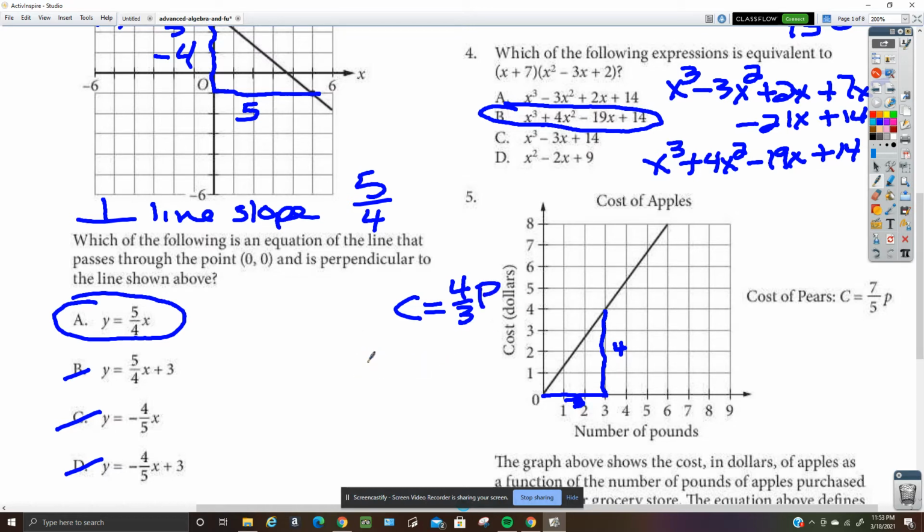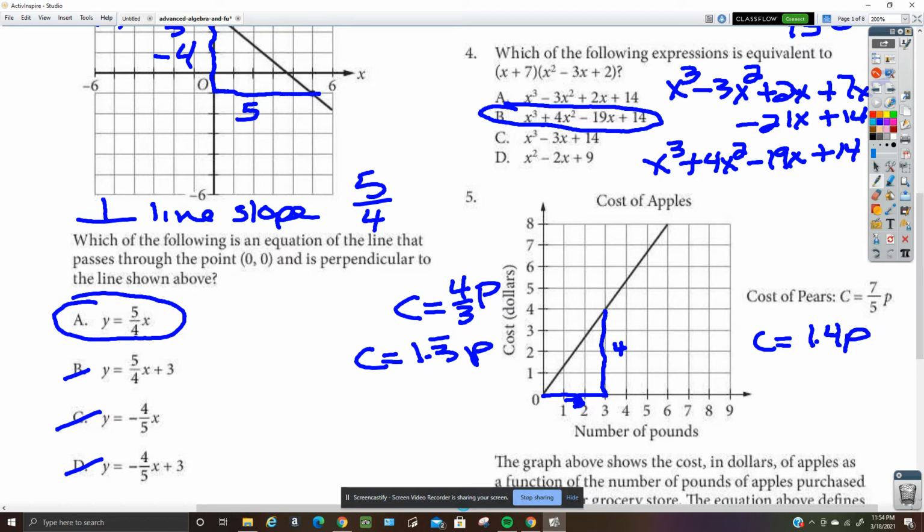So if I change this to the decimal equivalent, that's about 1.3p, and over here the pears are 1.4p.